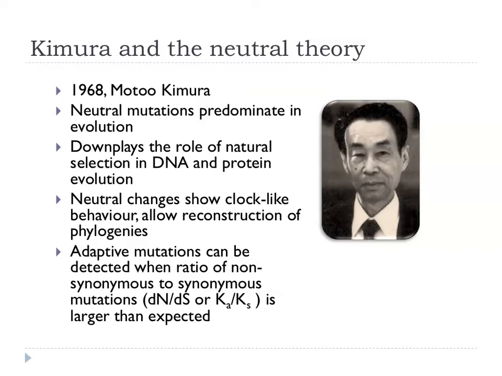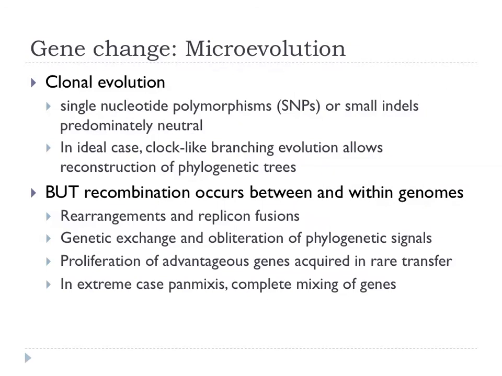If mutations are coming in all the time, accumulated in a clock-like fashion, every gene will have a certain ratio of the ones that change amino acids to the ones that don't. But the ones that are moving fast because they're changing in response to the environment, to some adaptive change, will show an excess of changes that make differences to amino acids over the ones that don't. And so that's often used as a measure of which parts of the genome are under selection.